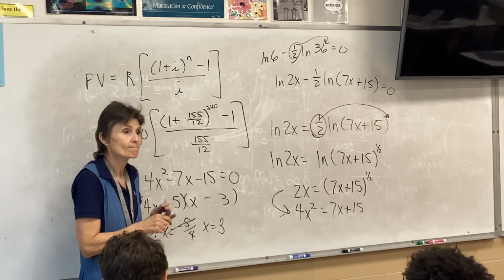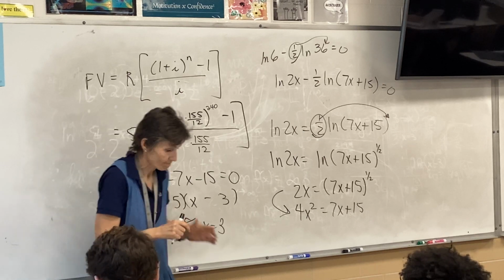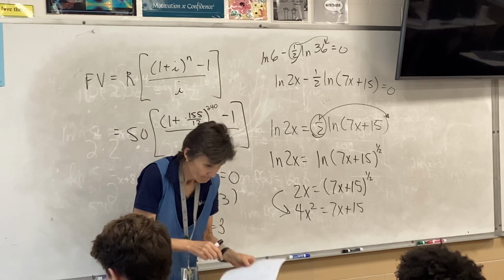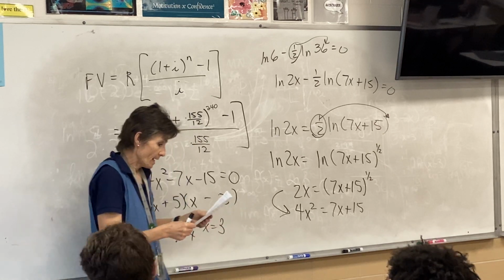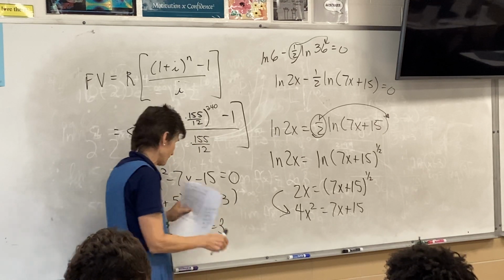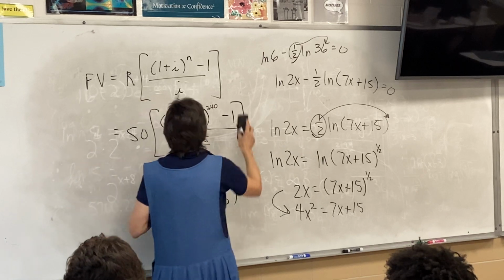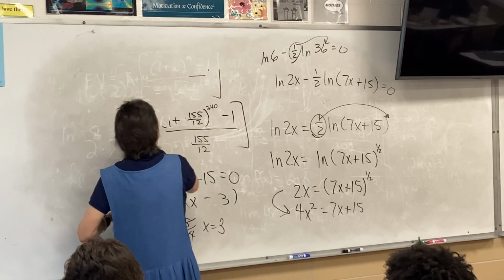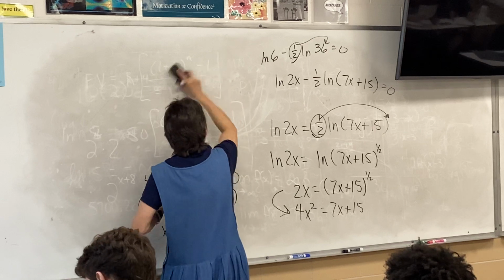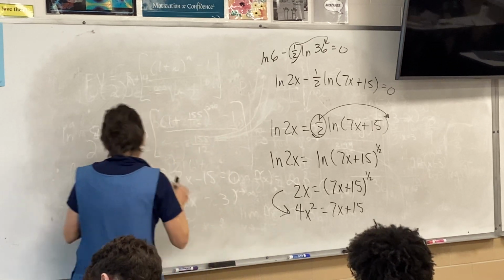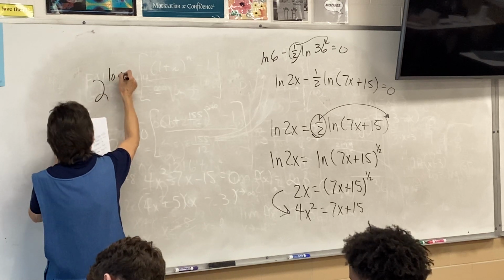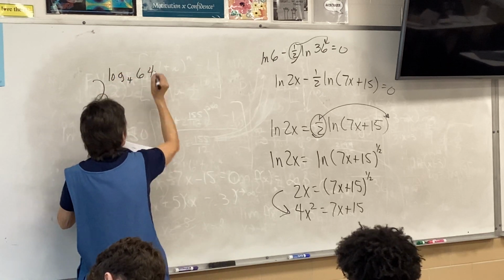John? On the very front side of the review packet, can you do 9C? Well, 9C is problematic because I have some numbers that don't match that I would love to have match.